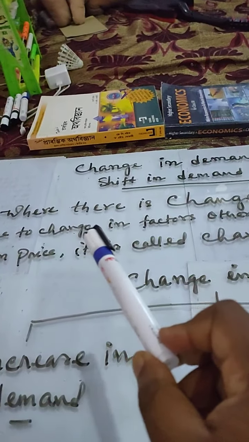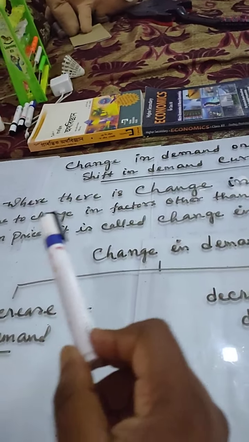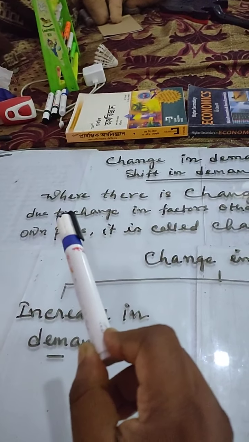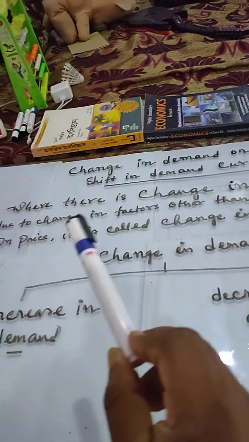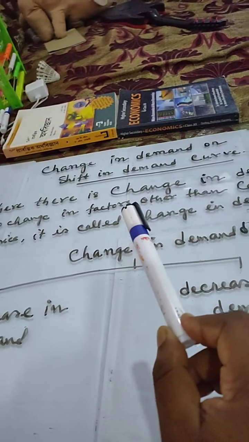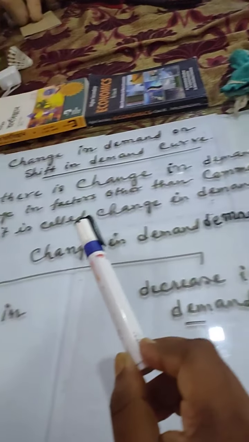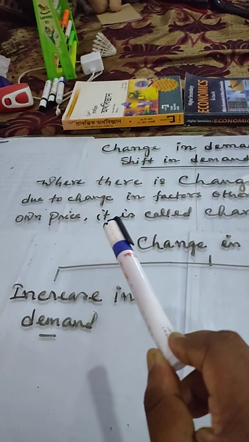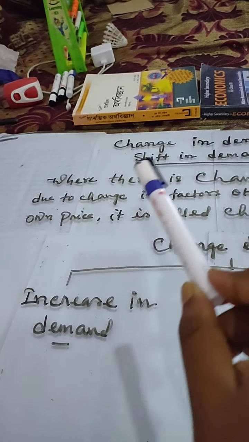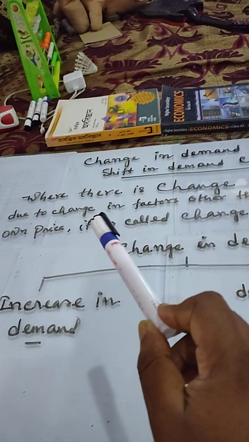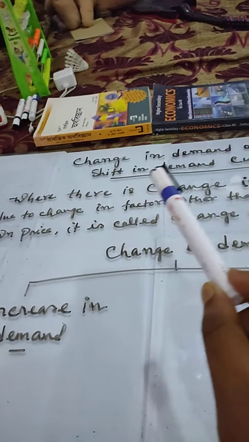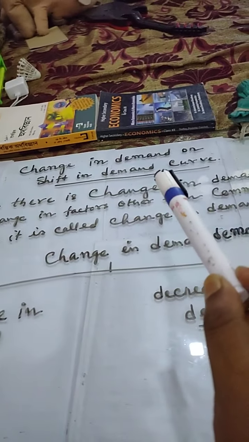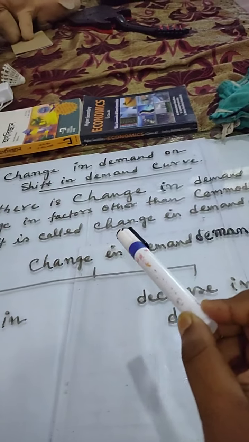Here price is not the prime factor or main factor that changes the demand for the commodity. Here the factors other than price of the commodity are responsible for change in the demand for the commodity.